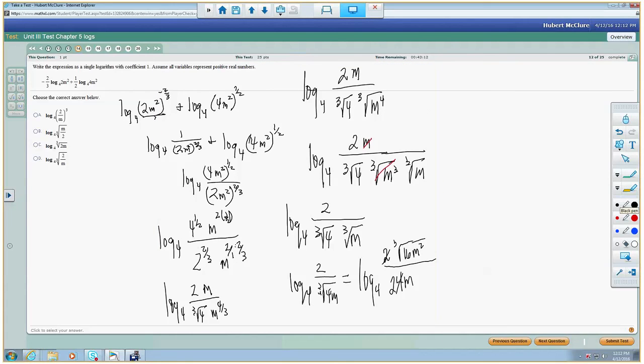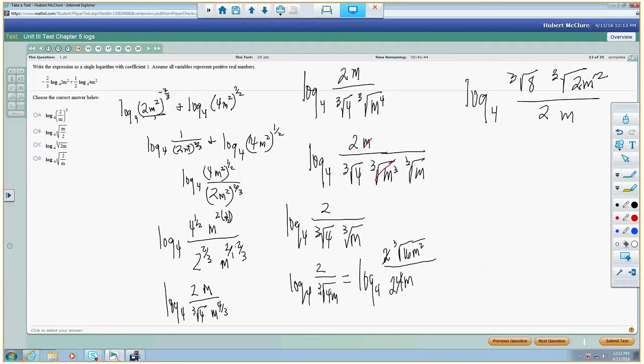So that'd be log base 4 of the cube root of 8 times the cube root of 2m squared, right? 8 times 2 is what? Over 2m.